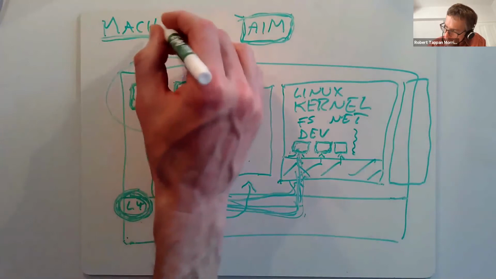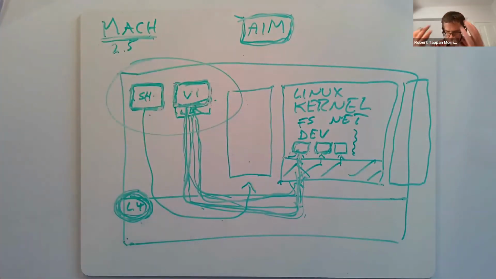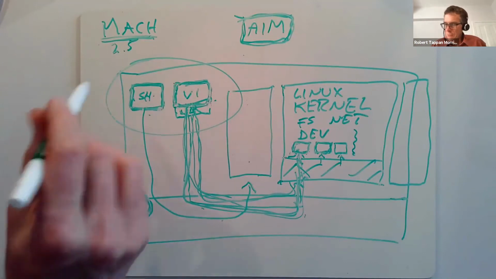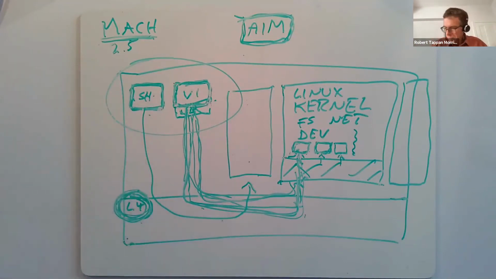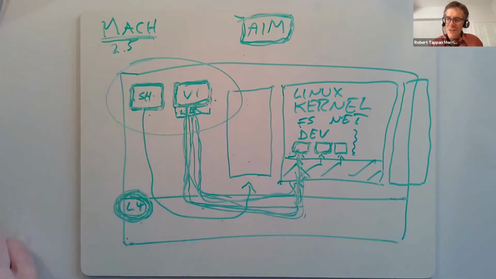So for instance, Mach 2.5 was this hybrid with a microkernel and Unix all in the same kernel. You could make system calls to either, and some stuff was built in the microkernel way, but some things they would just use the Unix kernel that was built into the Mach kernel.